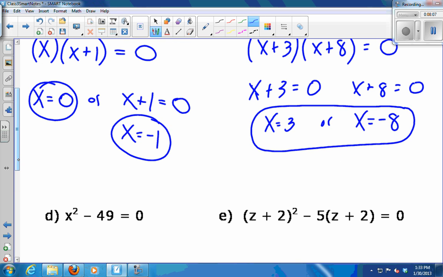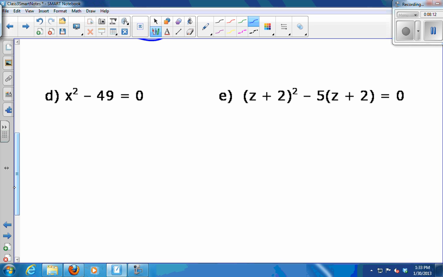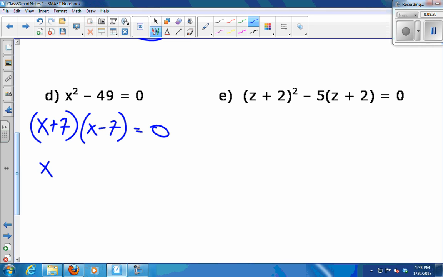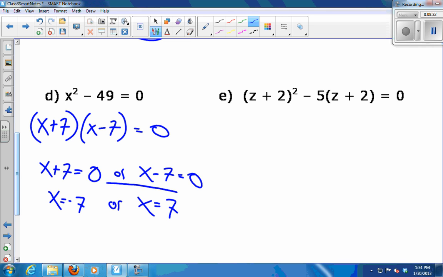Oops, -3. And x squared minus 49 factors to x plus 7, x minus 7. Set each factor equal to 0, and solve each one separately. So we get x is -7 or x is 7.